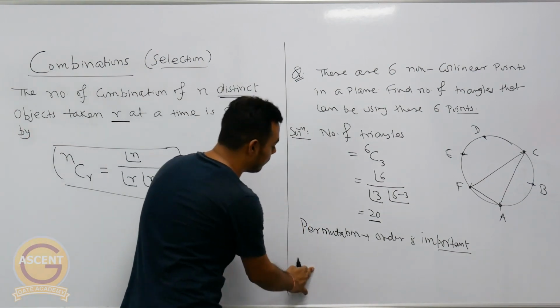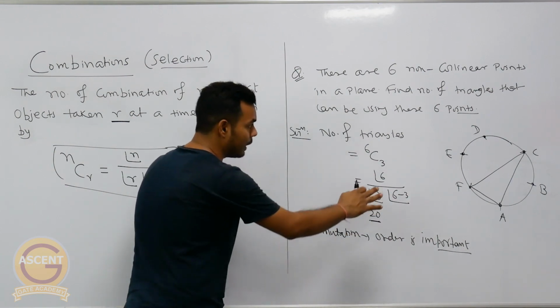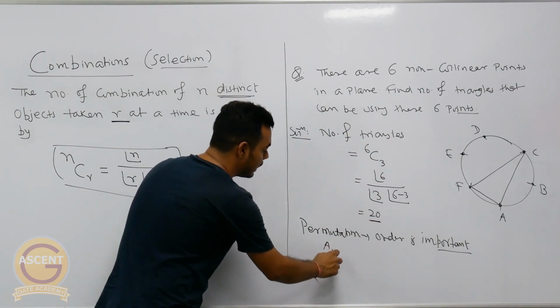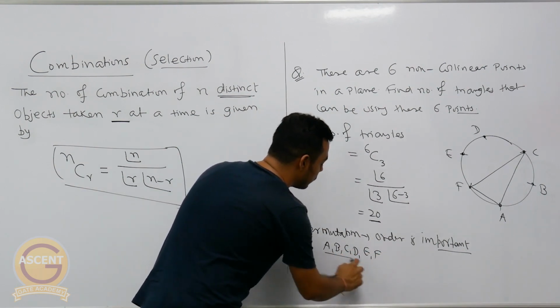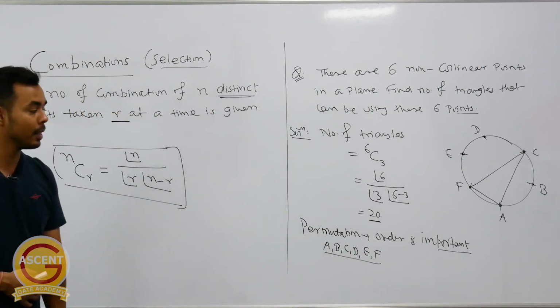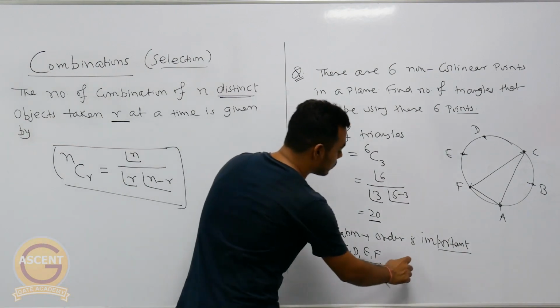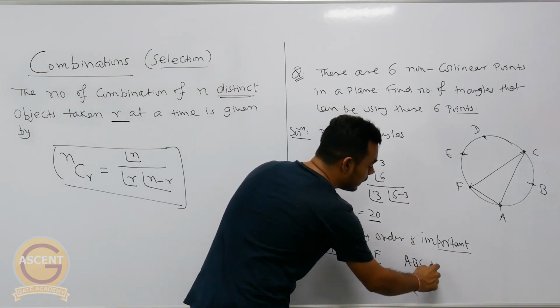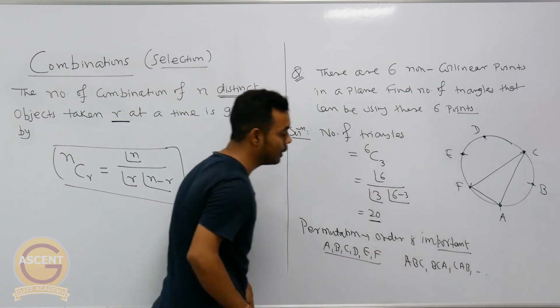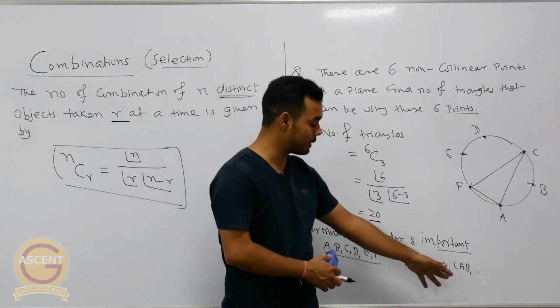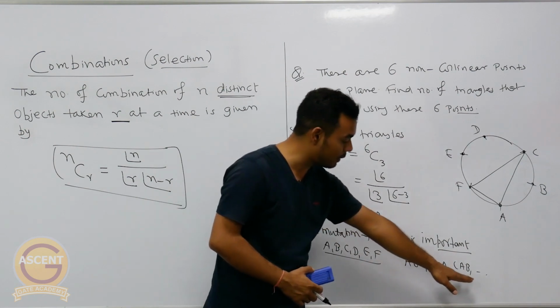For example, suppose these 6 letters A, B, C, D, E, F were given, and the question was to form a 3-lettered word. In that case, the word ABC will be different from the word BCA, which will be different from the word CAB, and so on. So all these are different words. Okay, these are meaningless words, but these are different words.